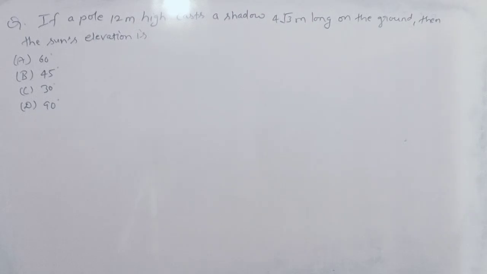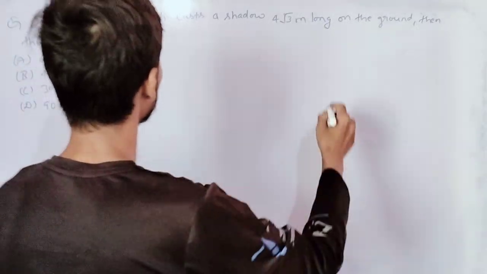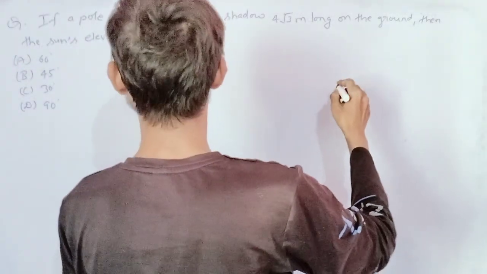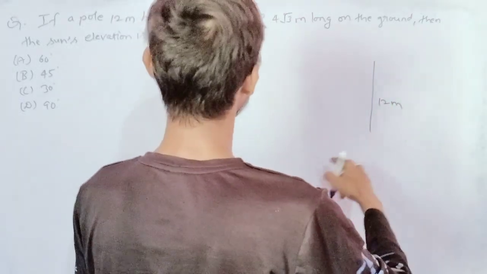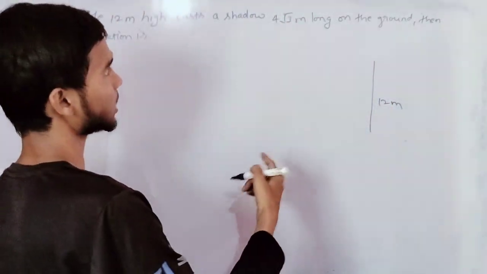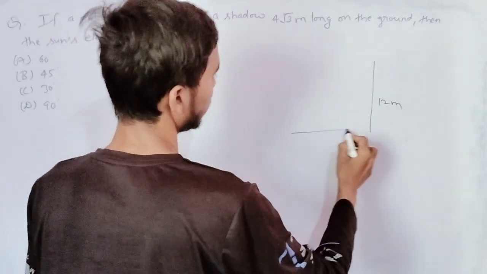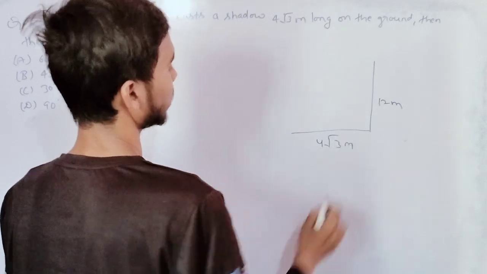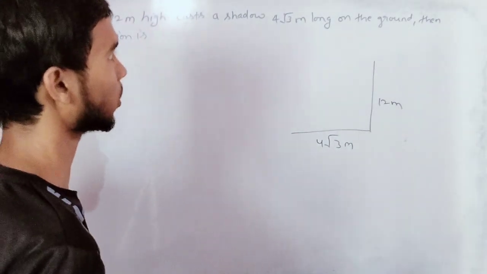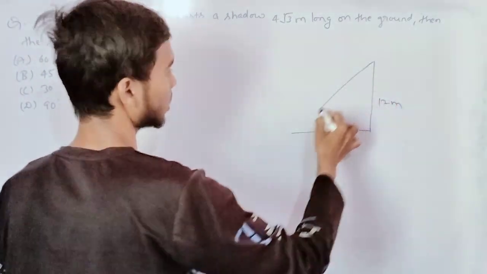What is it saying? A pole 12 meters high casts a shadow which measures 4 root 3 meters long. This is the measure of the shadow on the ground. Then we have to find the sun's elevation.